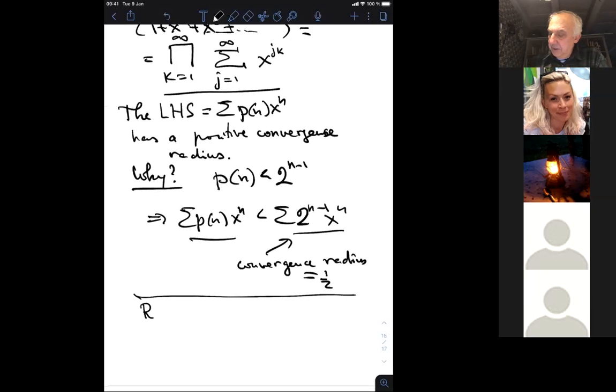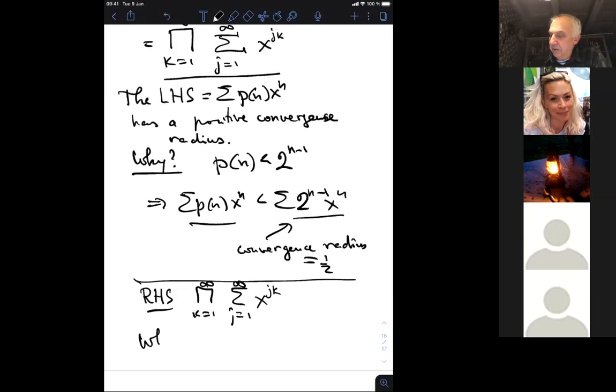The right-hand side, which is a more complicated thing, is the product k from 1 to infinity, sum j from 1 to infinity, x power jk. Okay, how can we show that this has a positive, why it has a positive convergence radius?